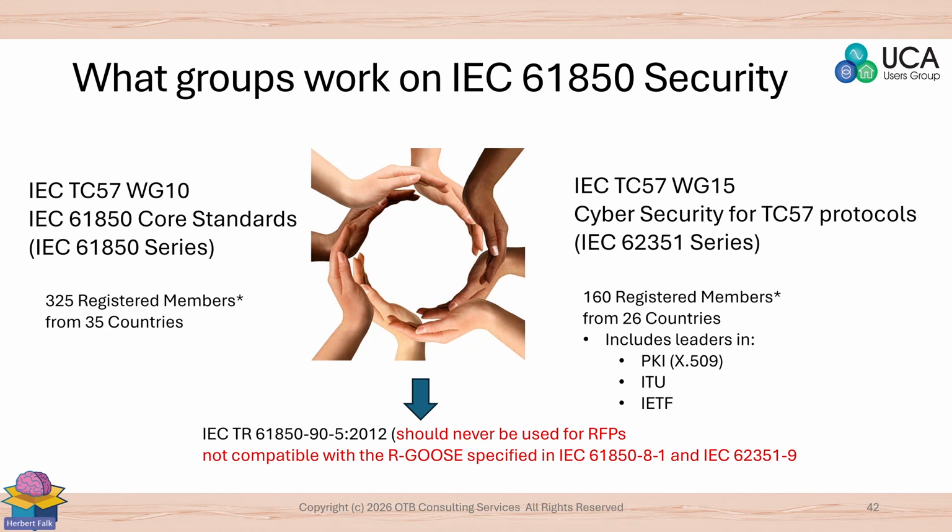That has been deprecated and now has become routable GOOSE, and the technology that was in 90-5 is being removed and is not interoperable with the current secure technologies that are in 61850-8-1 edition 2.1 or 62351-9. So if you want routable GOOSE, don't mention 90-5 in your RFPs.